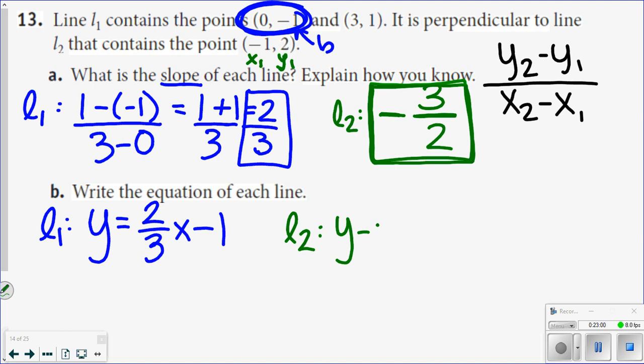So y minus 2 equals m, which is your slope, so negative 3/2, parentheses, x minus x1, which is a negative 1, and 2 negatives make a positive. Good. And we can just leave our answers like that.